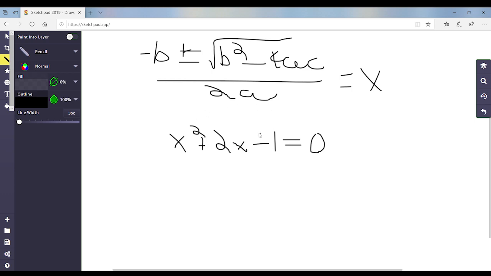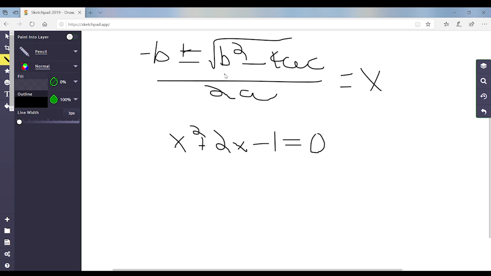But it's not actually that easy to do that in this case, because it's difficult to find two numbers that multiply to -1 and add to 2. It's impossible, right? So we can't actually use that. But we still have to find what x value will get this equal to 0.